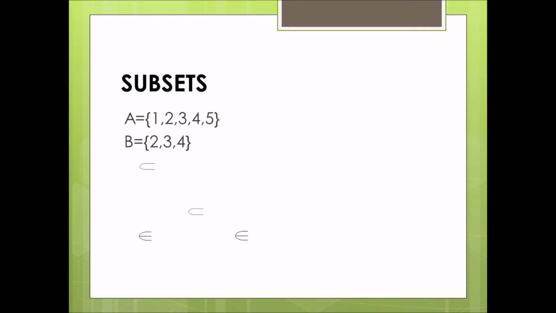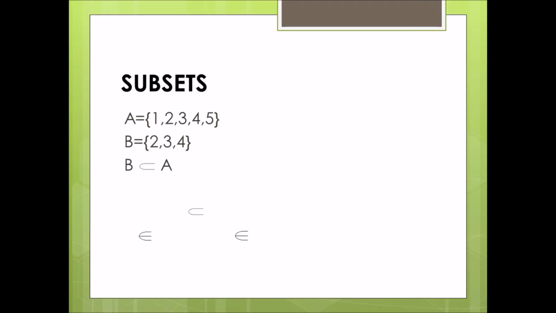Now, if you look at these two sets carefully, you will see that all the elements of B, which are 2, 3, and 4, are already present in A. So, the smaller set B is called a subset of A, and we represent this in mathematical form using this special symbol in between the names of the two sets. This special symbol stands for "is a subset of". So B is a subset of A.